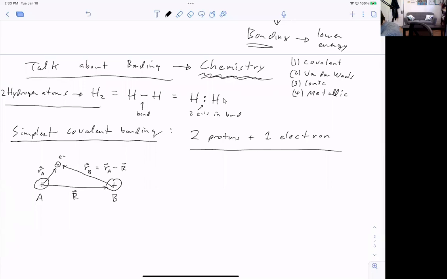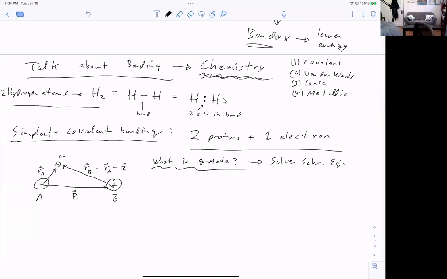And so we want to know what are the states? What is the ground state? To do that, we need to solve the Schrodinger equation. So let's do that.